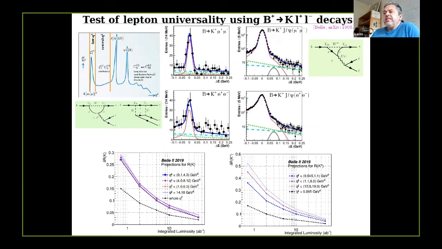For that, you need statistics. Those results obtained recently by Belle allow you to put the first point of a bit less than 1 inverse attobarn, and show how much statistics you need to observe the deviation. So we will need something like 10, 20 inverse attobarn to really claim an observation, assuming that the current central value of LHCb is the true value.